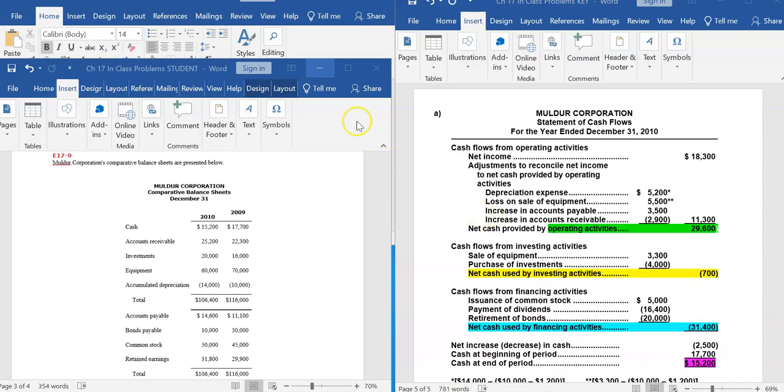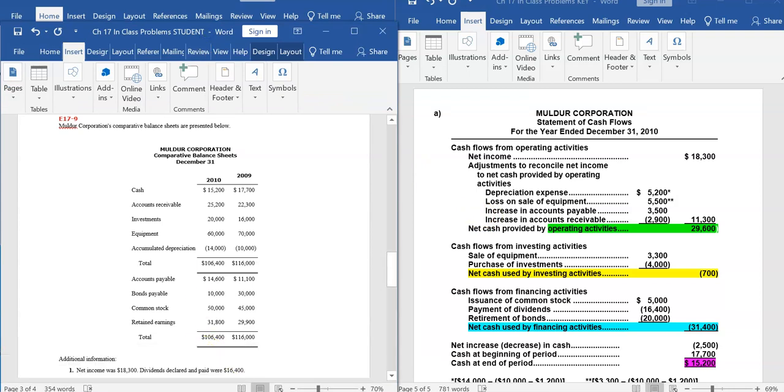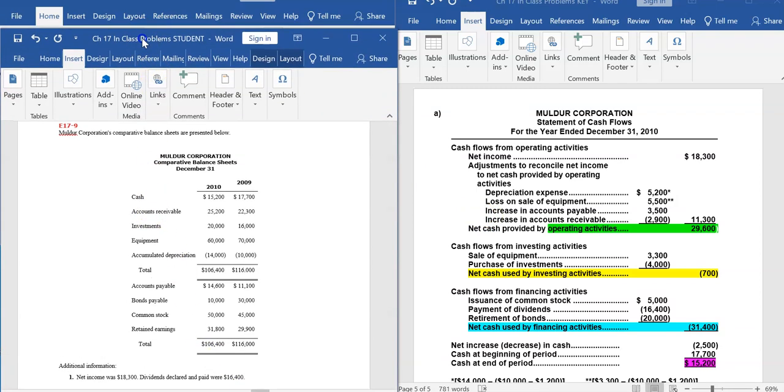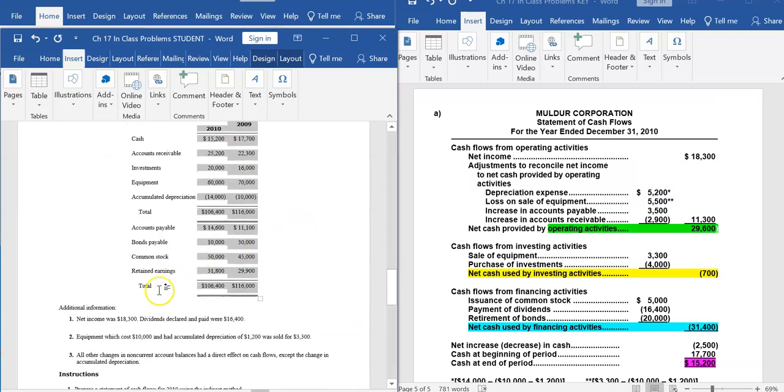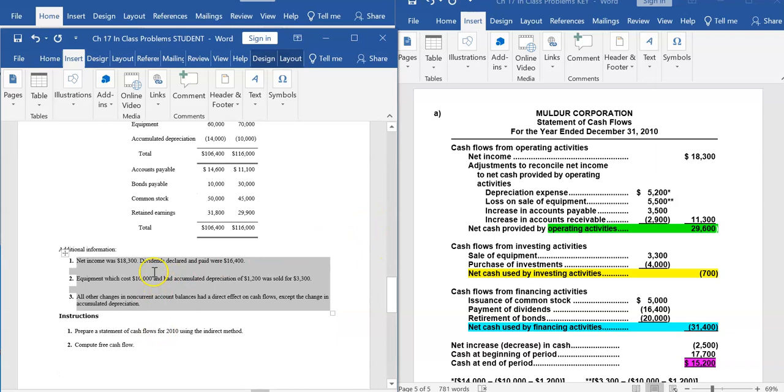All right, let's try one more example problem just to give us a little bit more practice with this. And that is here from Mulder Corporation. Here are their comparative balance sheets for 2 years, 2009 and 2010. Additional information, net income from the income statement was $18,300.